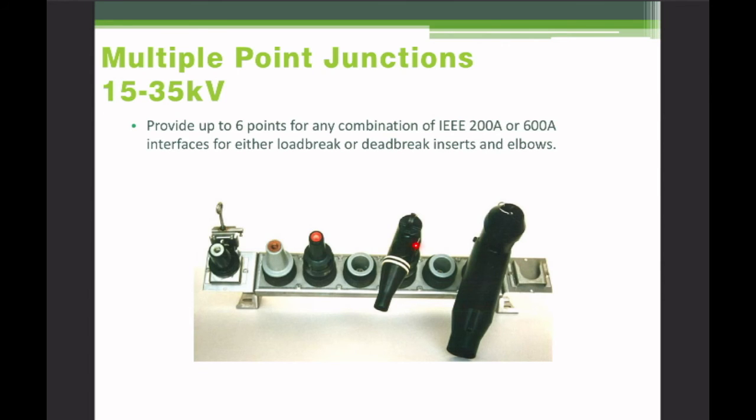And these guys here are, so this is a load break elbow and this is a non-load break elbow. And these are incompatible. You can't plug this guy into one of these. You can't plug this guy into one of these. They don't fit. And the way that you can tell them apart is by the presence of these two white stripes.